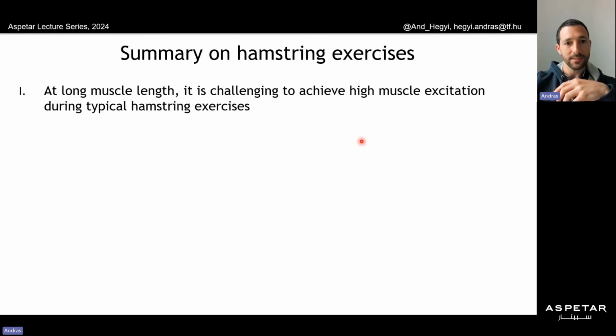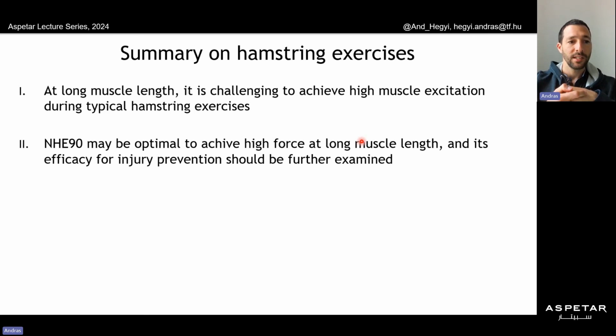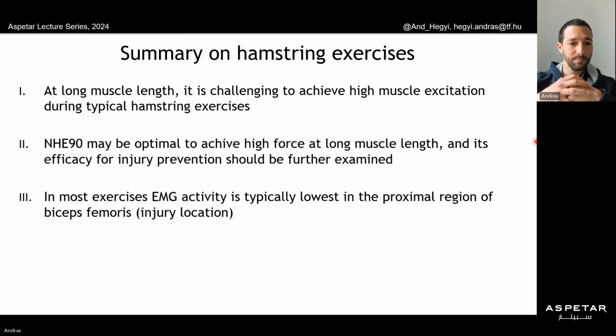So at long muscle length, it seems to be challenging to achieve high muscle excitation or activation during typical hamstring exercises. Nordic hamstring exercise with flexed hips may be optimal to achieve high force at long muscle length, and its efficacy for injury prevention should be further examined.